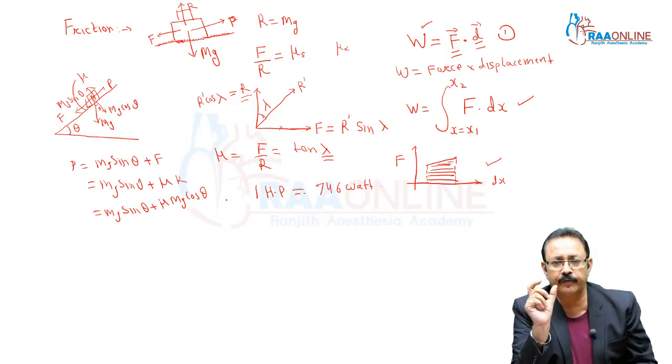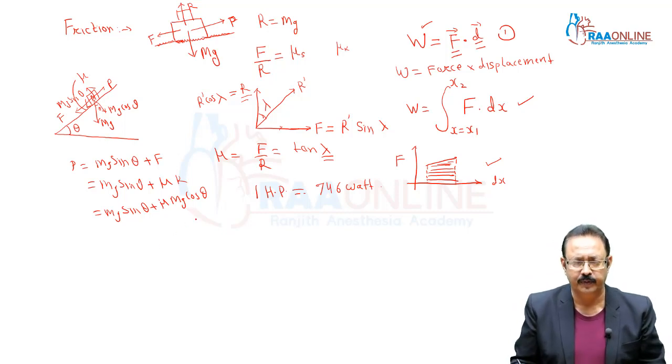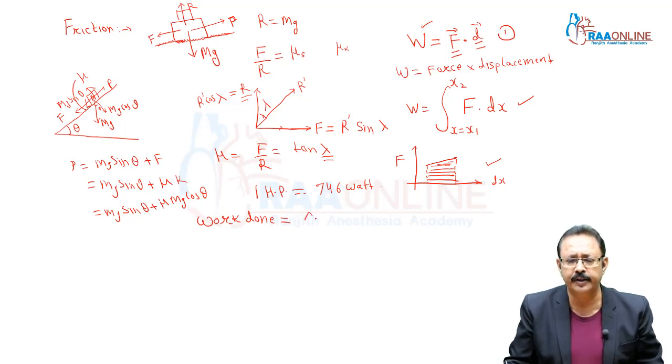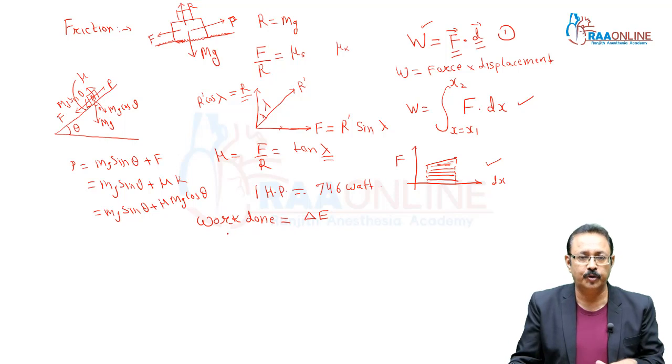So we are using the work energy theorem. What is the work energy theorem? Simple. Work done is equal to change in energy, either potential or kinetic. With the help of change in energy, you can calculate work done.